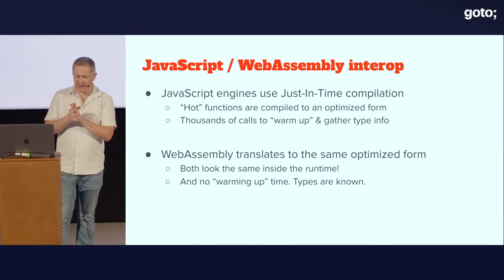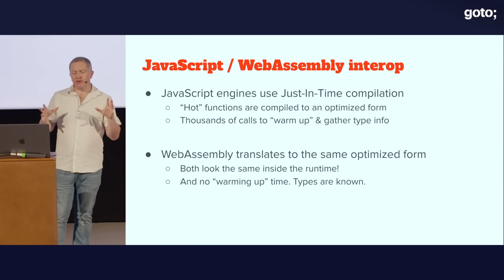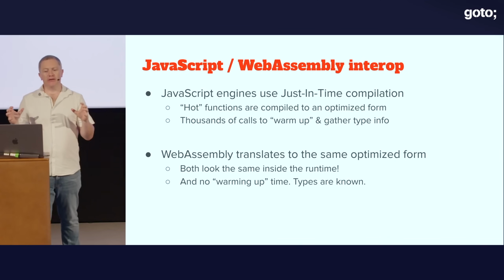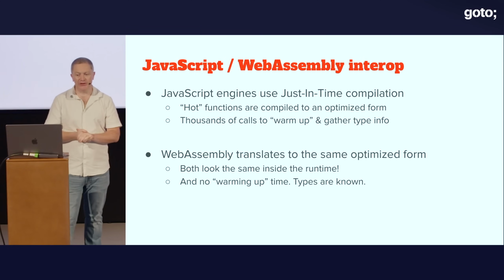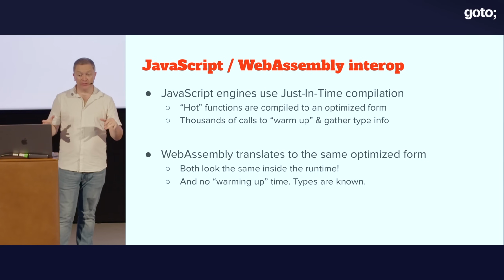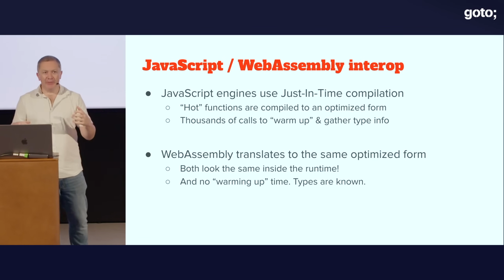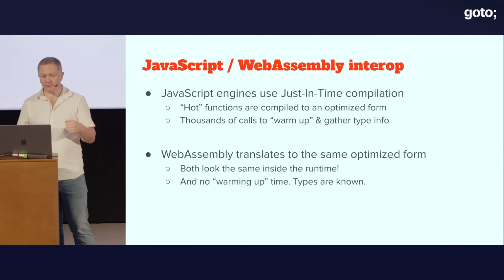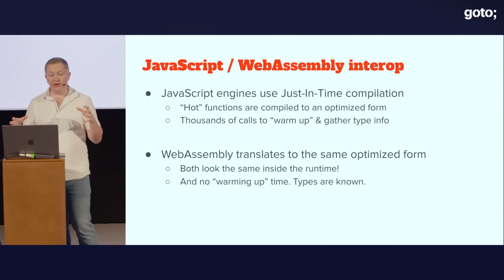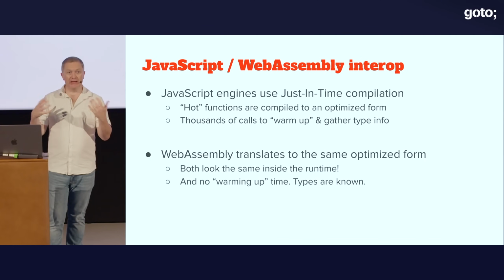Well, first of all, just to get some background, the way that JavaScript and WebAssembly interoperate together is that they build on top of the fact that JavaScript engines use just-in-time compilation for JavaScript. And that means that hot functions, which are just functions that you call a lot, maybe thousands of times, get compiled down inside the browser engine into an optimized form.